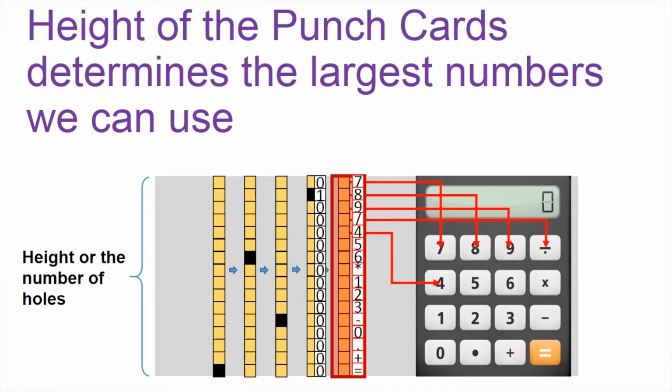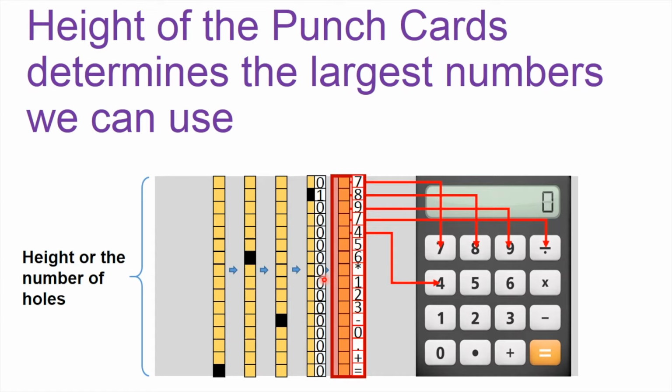Let's recall the punch card example, because I've told you that numbers are stored in the computer like they are stored in the punch card. In the punch card, we are using the column to save the value of the numbers. In this case, the height or number of holes will determine the largest number you can save in this card, because you have a limited number of holes there.